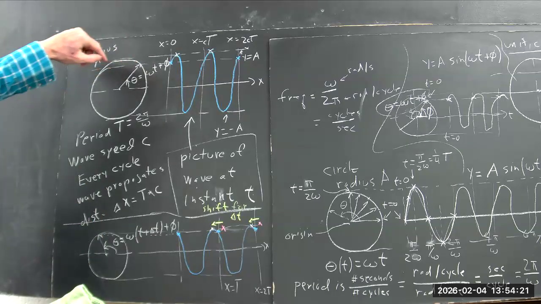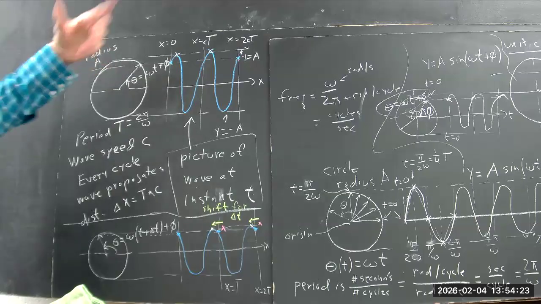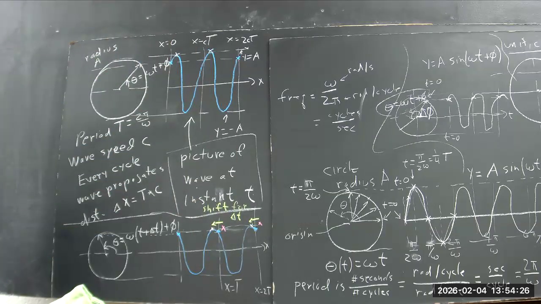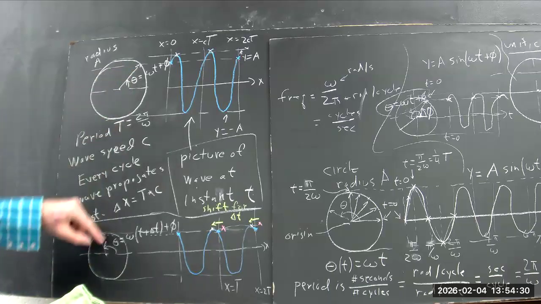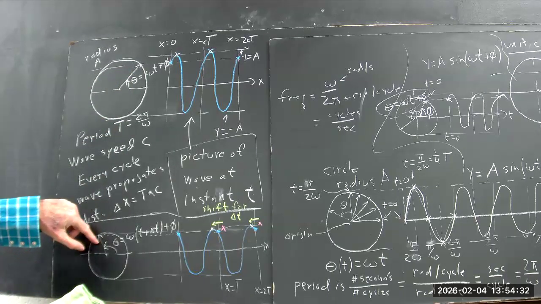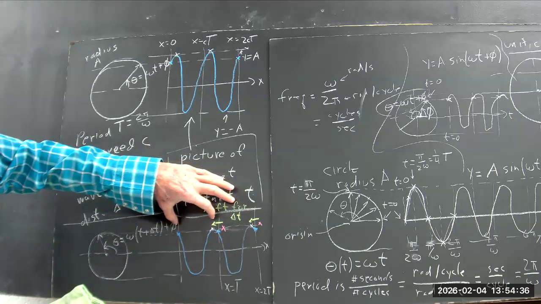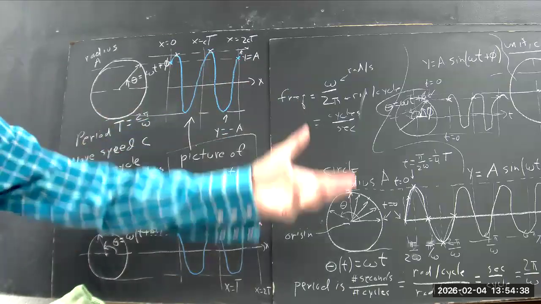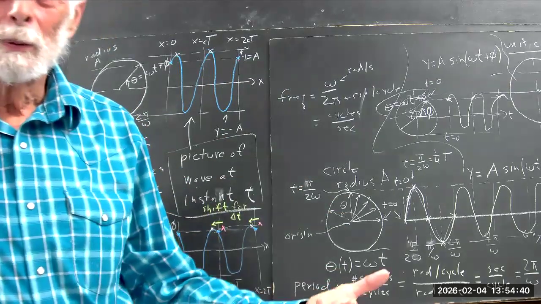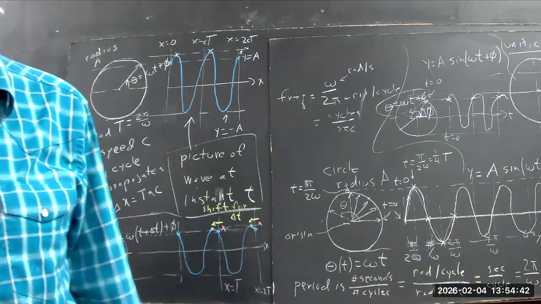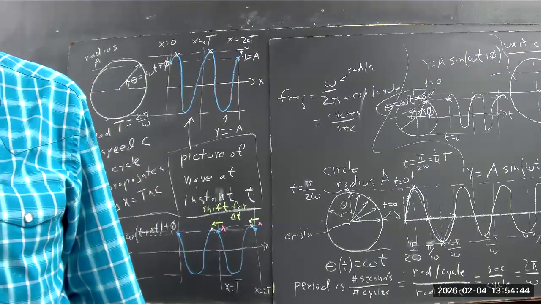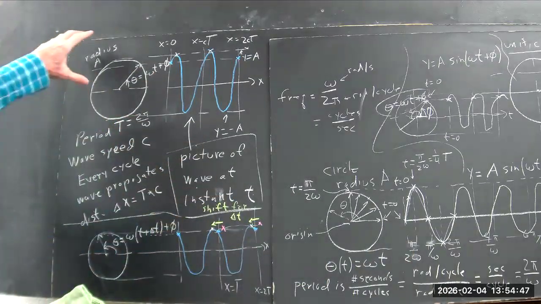Well, from here around to here is maybe a sixth of a cycle. That makes sense? From this position to this position. Does that look like about a sixth of a cycle? Well, if you measure it out, you're not going to be able to hold me responsible. Okay, but it's ballpark a sixth of a cycle, right? So the picture stands up to the model.